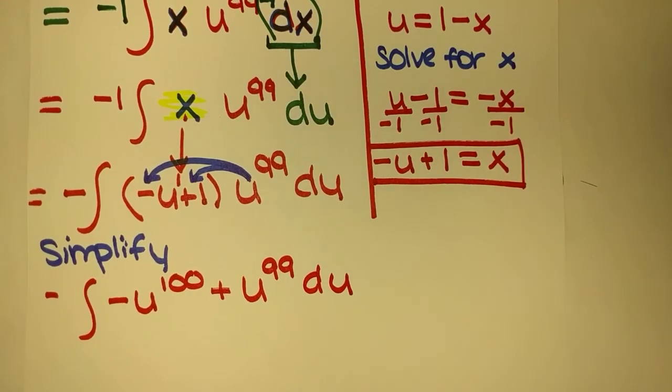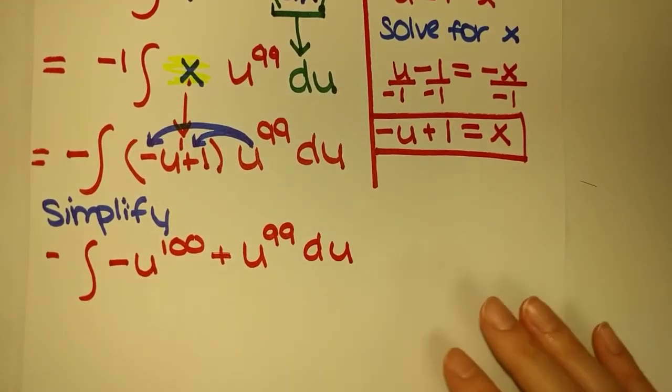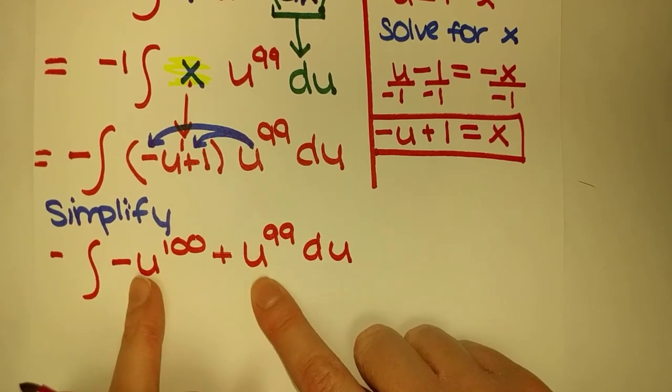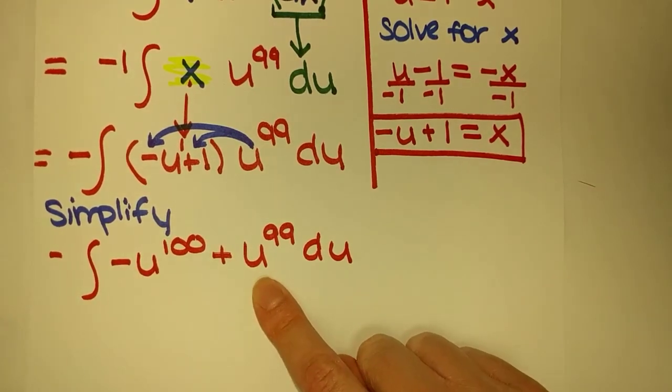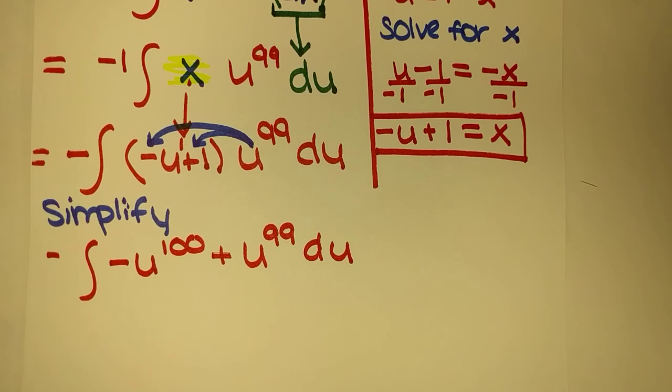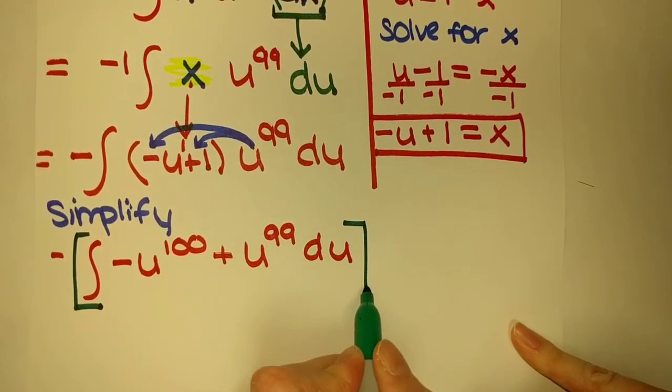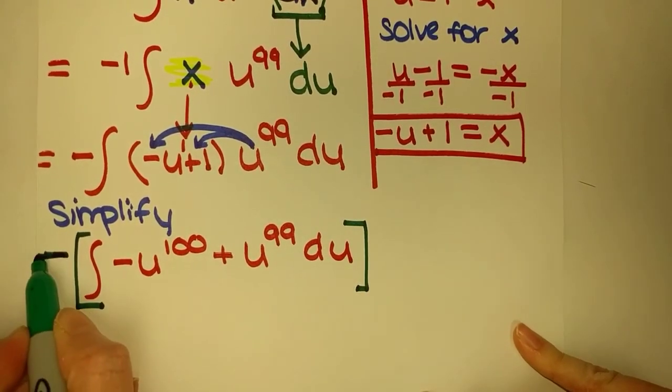Okay. So now what we can do is we have simplified, we have two terms, so we can integrate each of these individual terms. Now, I would personally be very, very careful with this negative sign. You have two terms, so that negative sign is going to get distributed to all of the integrals.